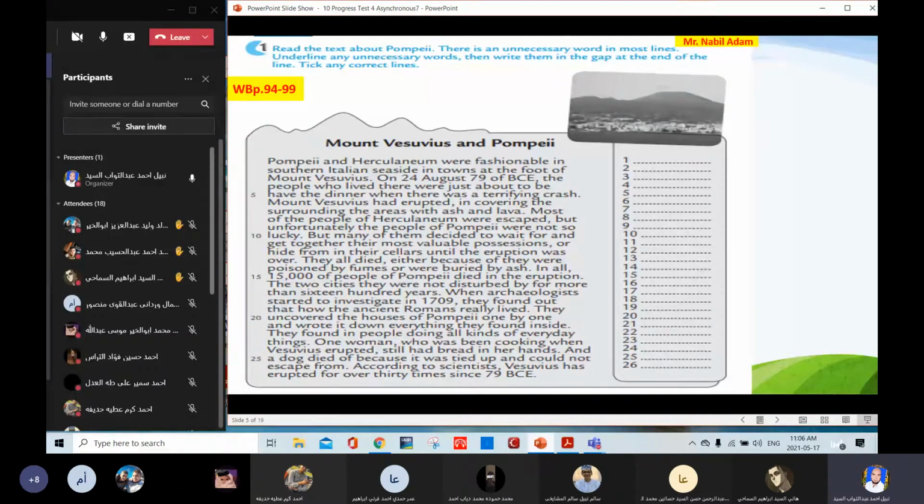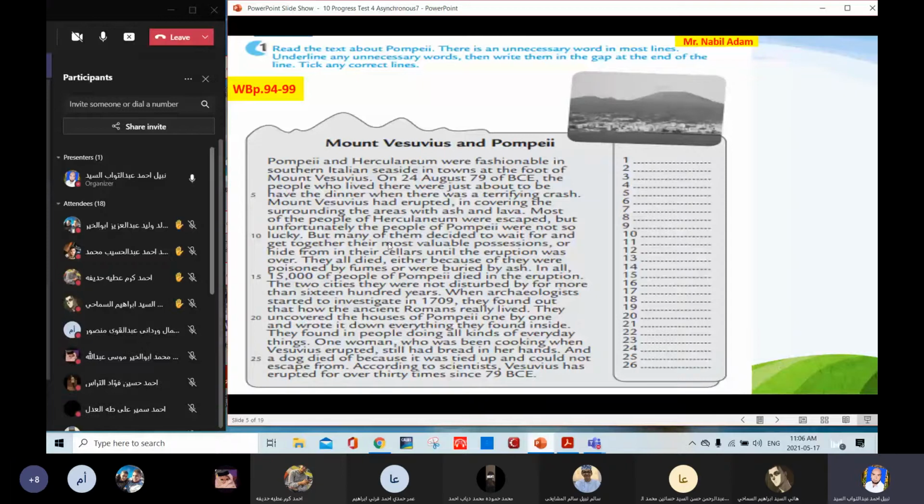One woman who was been cooking when Vesuv erupted still had bread in her hands, and the dog died of because it was dried up and could not escape from. According to scientists, Vesuv has erupted for over 30 times since 79 BCE.